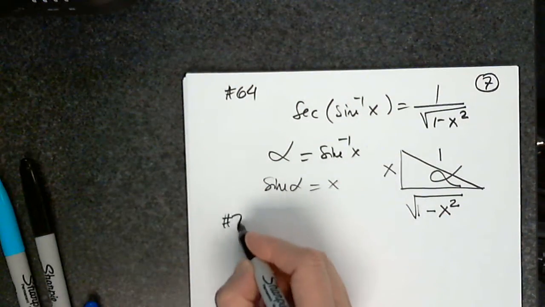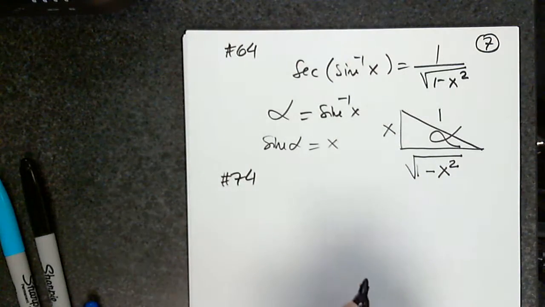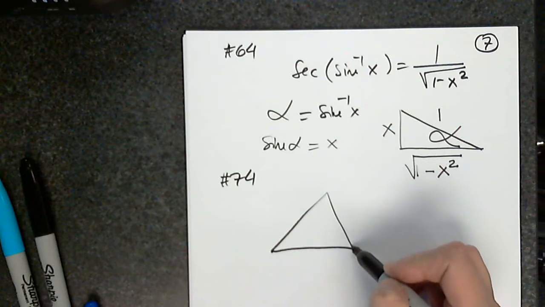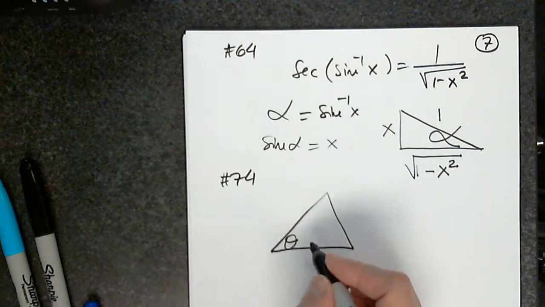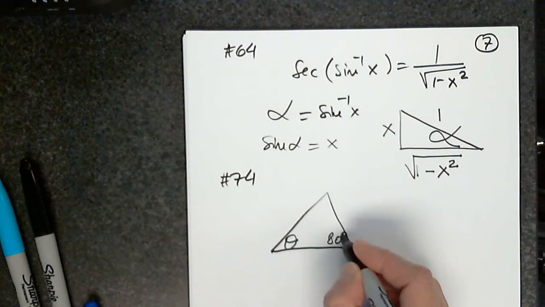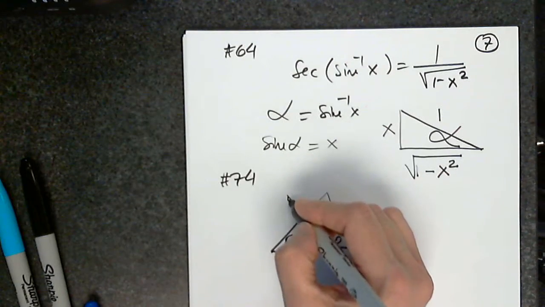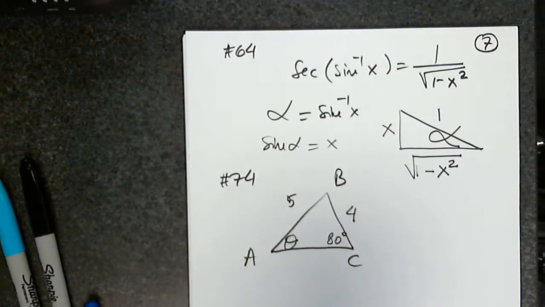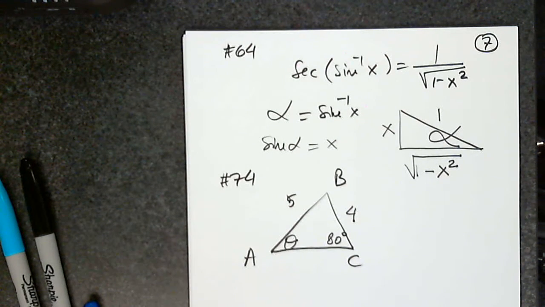Very good. In 74, we are given theta, 80 degrees, 5, 4, B, A, C. Let's see what they want. Find the side labeled x or the angle labeled theta. Okay.